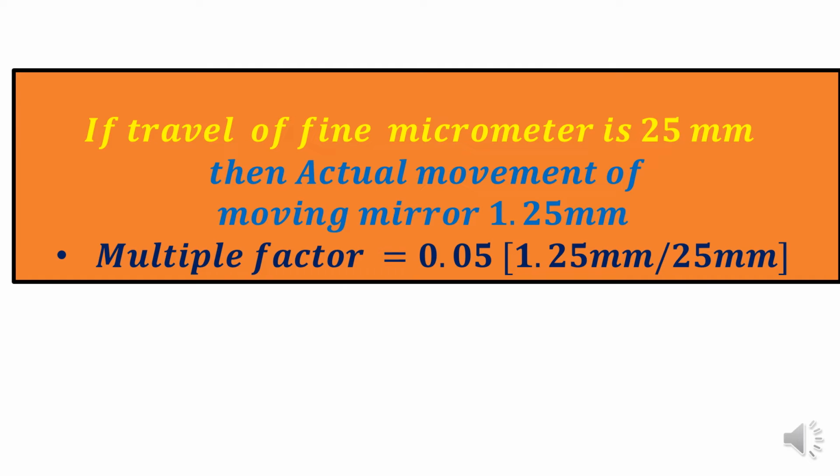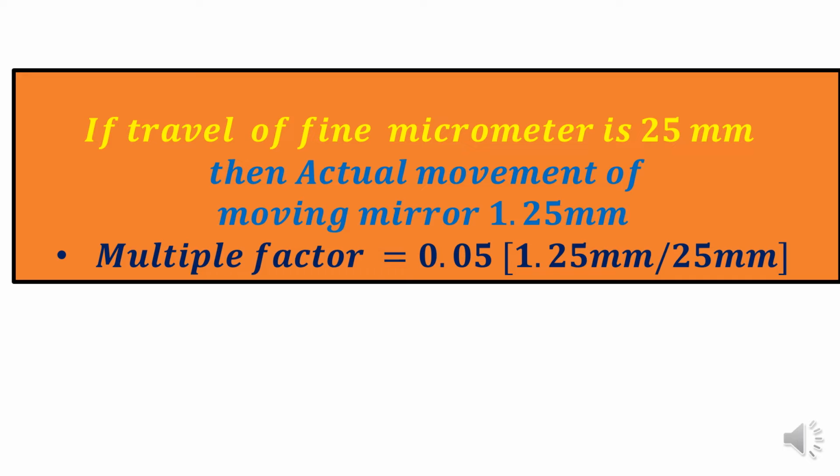For this setup, the internal settings are given in the manual; I have not measured them directly. In the manual, it is said that if the fine micrometer is moved by 25 mm, then the actual movement of the mirror is only 1.25 mm.